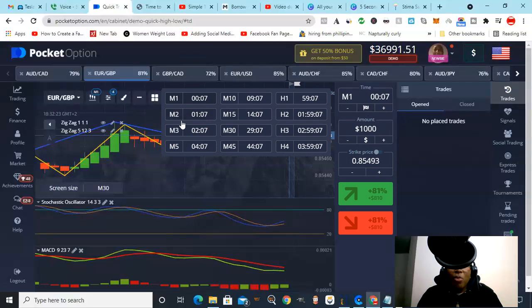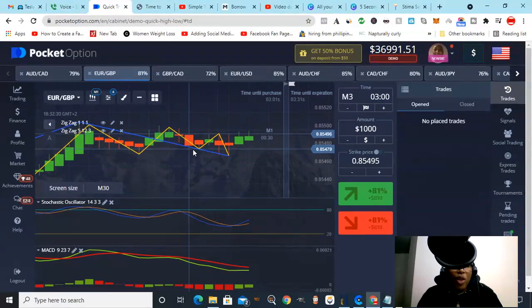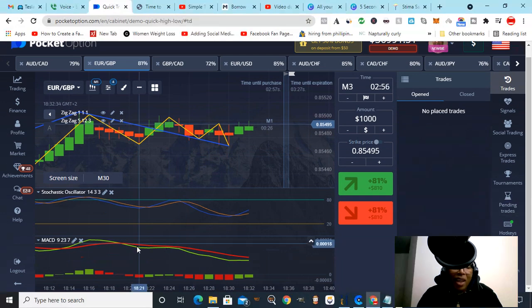So the idea here is to look at the MACD. You can see the bars here, the candles. Okay, so these lines, they'll cross and go down. When they face down, then we're going to be looking for a put option. When the lines cross each other below the candles, let's see if we can find one. Like here, you see this point here?